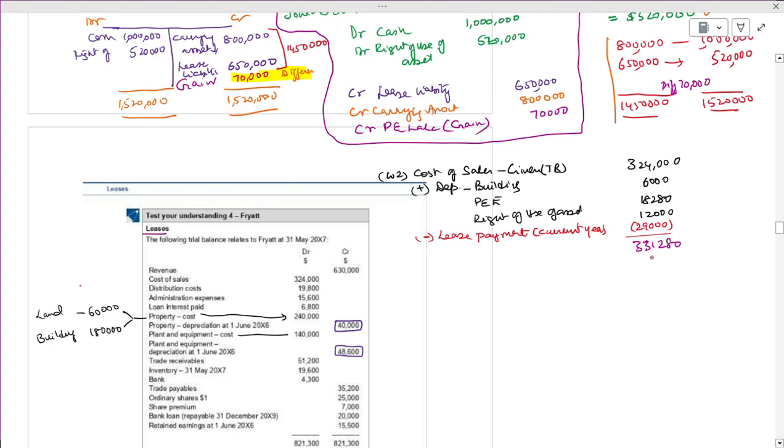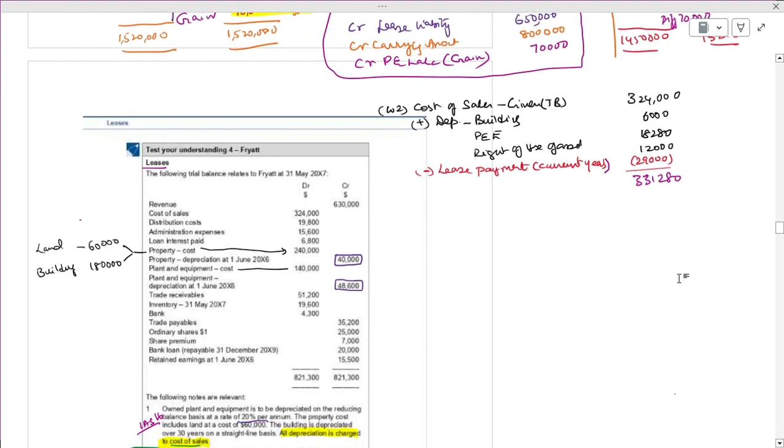You have understood all. I will tell you very clearly. I know where the students will find difficulty. You should know that this is the lease payment of the current year. Why are we deducting 29,000? See what happens when you are paying the lease.